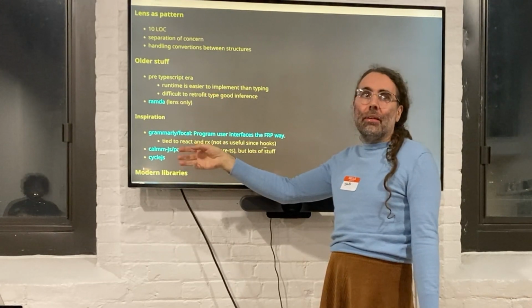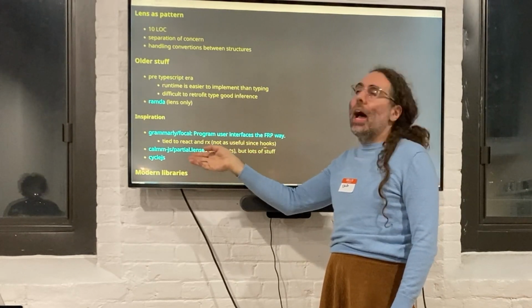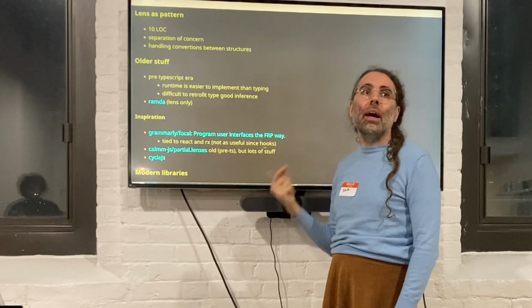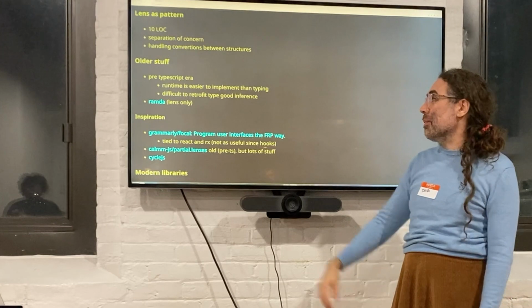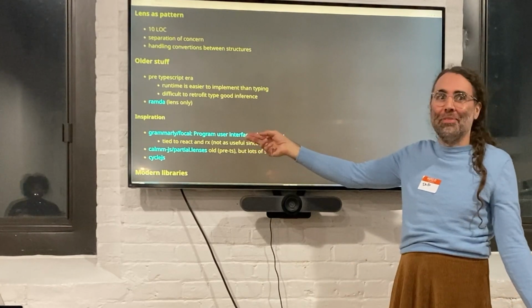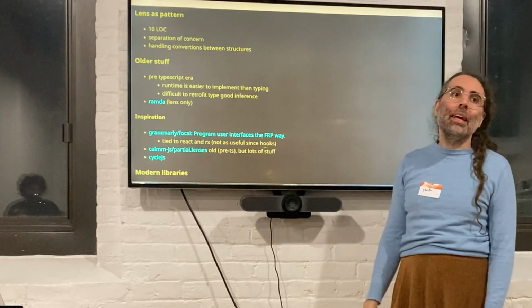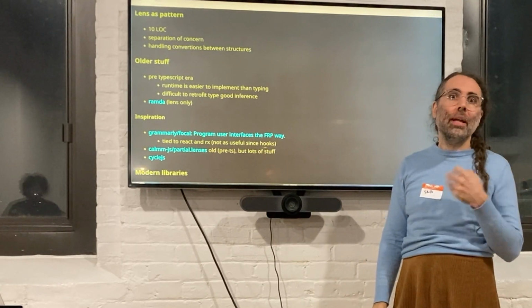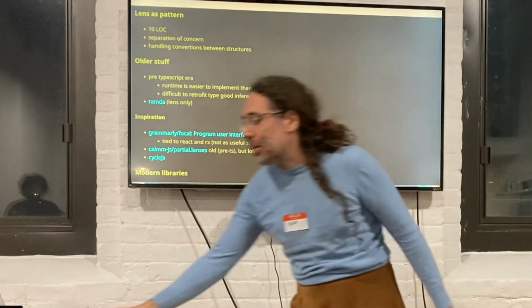There are still treasures of wisdom about lenses, so sometimes I look at old libraries of that era just to have some inspiration about how to use them. Grammarly has done something specific to React. Cycle.js is an old framework that never really caught on, but lenses were central to its conception.